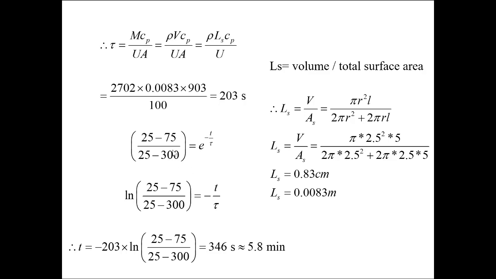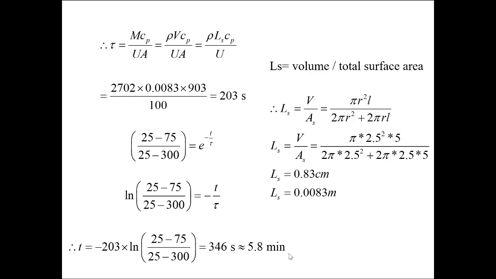So we can rearrange this equation, we can take log on both sides, and we can write it in form of t, and t would be equal to 203, that is the value of tau, times ln of this temperature fraction, and if you solve it, we get 346 seconds, that is approximately 6 minutes.